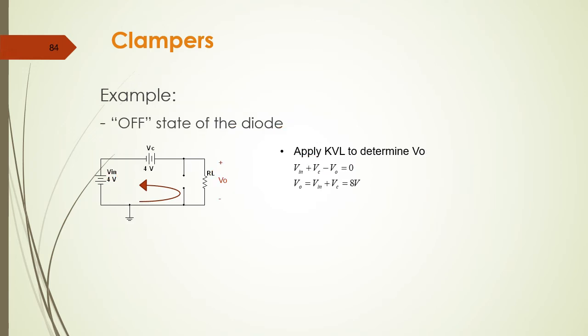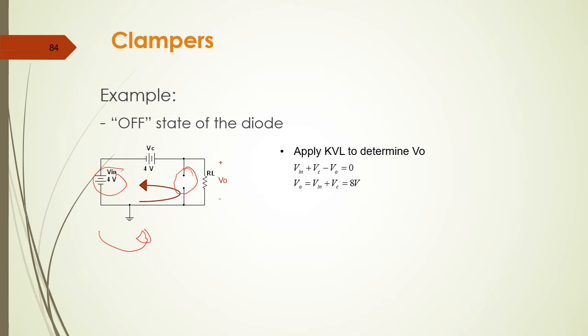Next, for the off state of the diode, when it is in a positive cycle, the diode will be in off state, so it is an open circuit. So again, we do the KVL anti-clockwise.